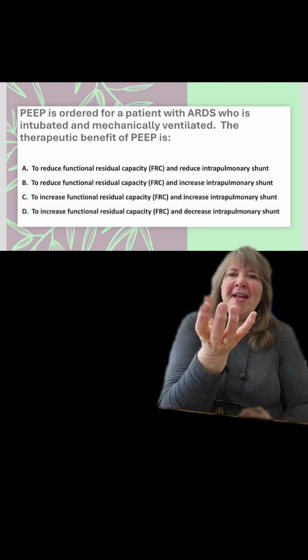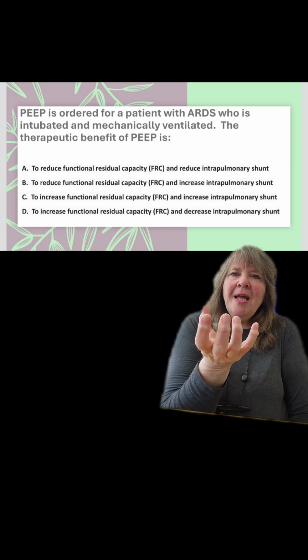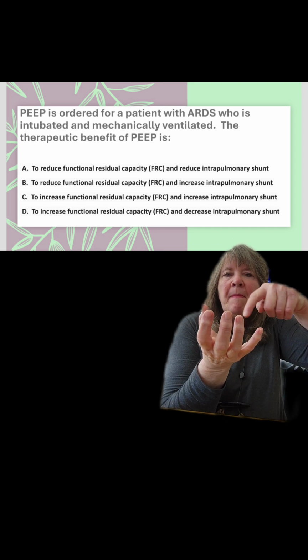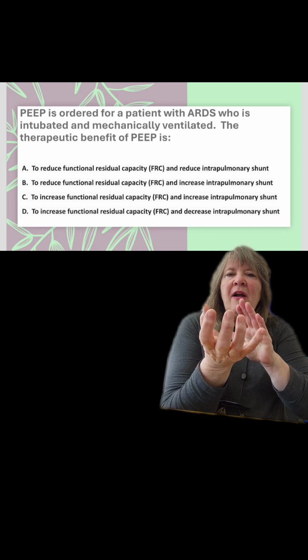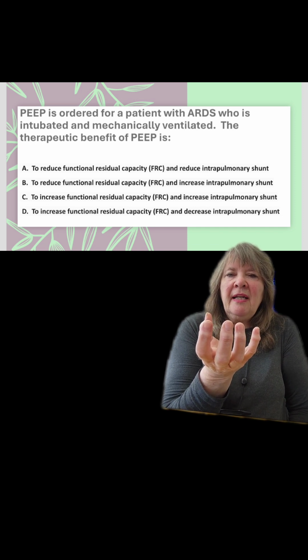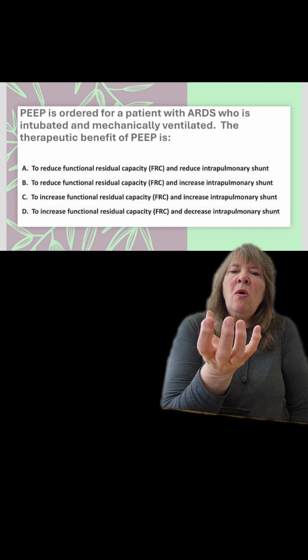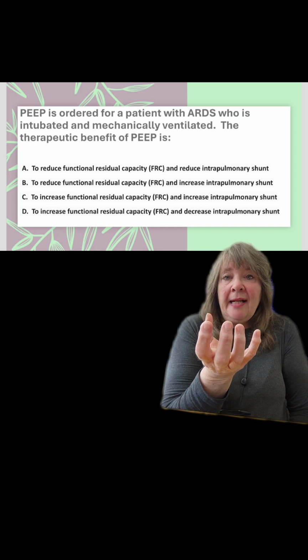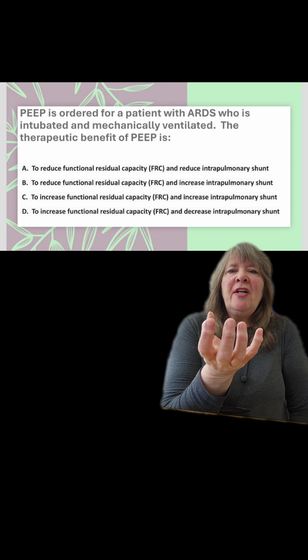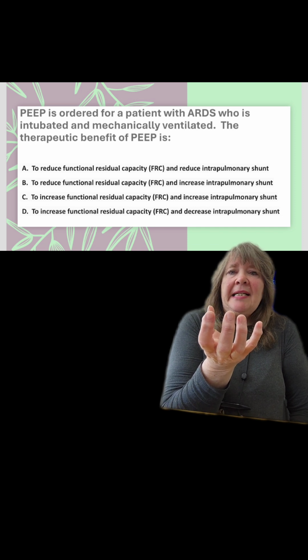So this right here is an alveolus. Now, when we talk about functional residual capacity, I'm just going to call it FRC, okay? FRC is the amount of air that remains in an alveolus at the end of exhalation, because we know that we do not exhale every last little bit of air that we have in our alveoli, because they'd collapse, right?